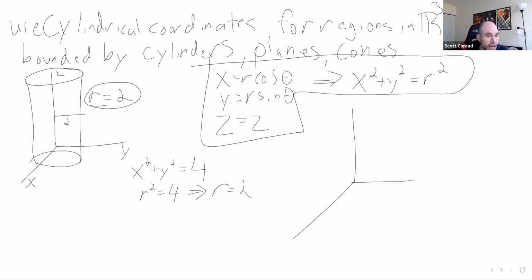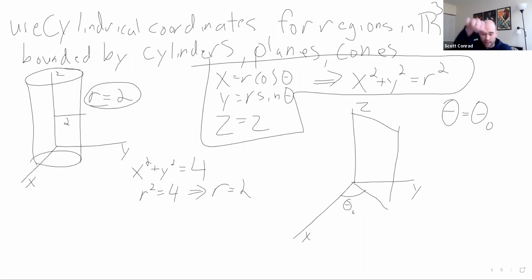So similarly, if we have, not as important, but theta equal to some constant, those are going to be half planes where all the points make angle theta with the positive x-axis, or theta naught. So suppose this is angle theta naught here. Well, if we look at all such points, that's going to be a half plane.